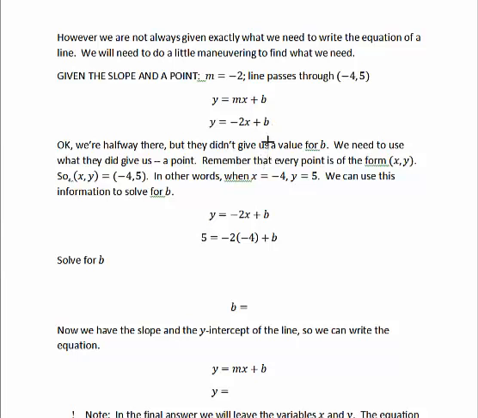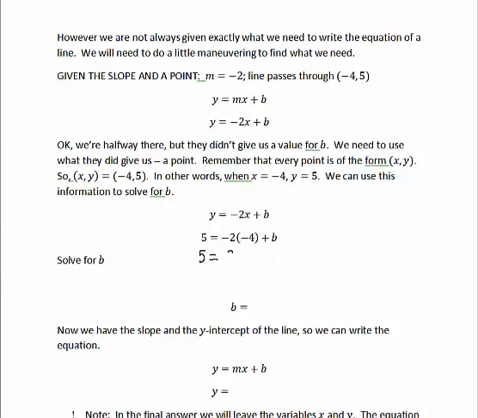But we don't know b. But what we do know is x and y. That is the -4 and the 5 we were given. And so in the next step, what we do is we replace y with 5 and x with -4. And now our equation only has one missing variable, and so we can solve for b.